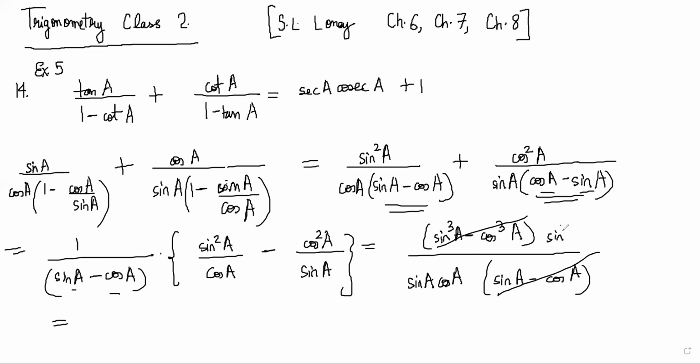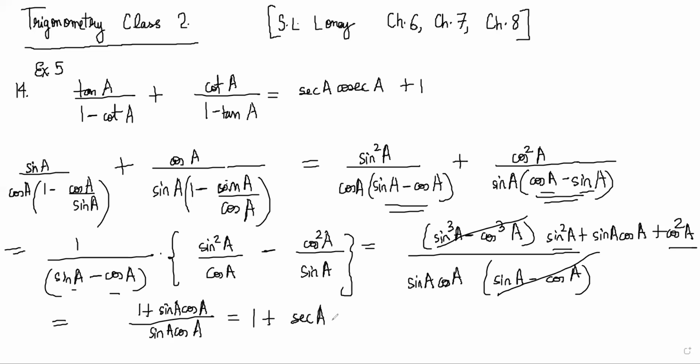And this will become sine square A plus sine A cos A plus cos square A, right? Yes, sir. And sine square plus cos square is 1. So it is 1 plus sine A cos A by sine A cos A. That is simply 1 plus sec A cosec A.